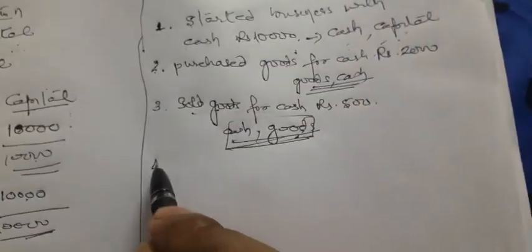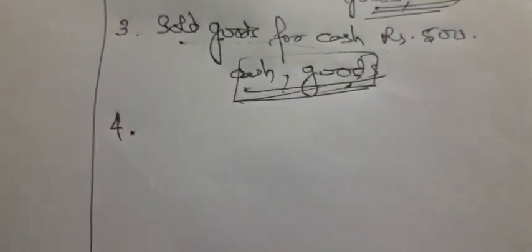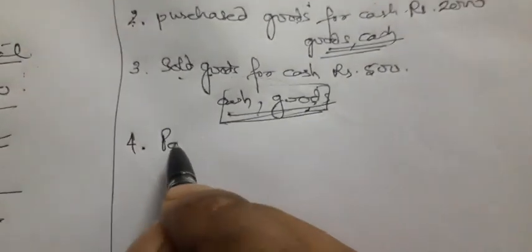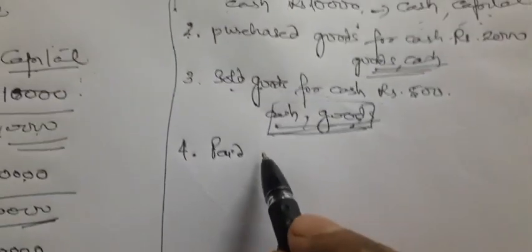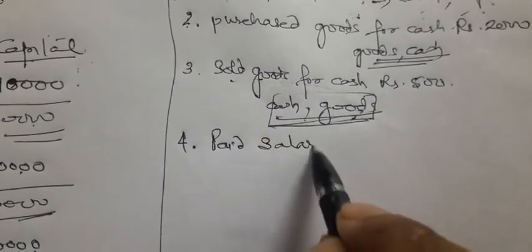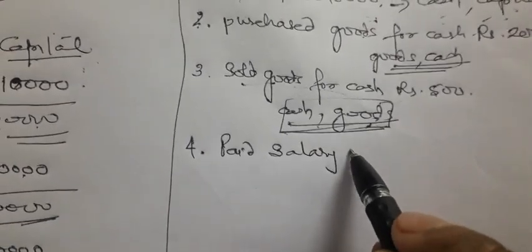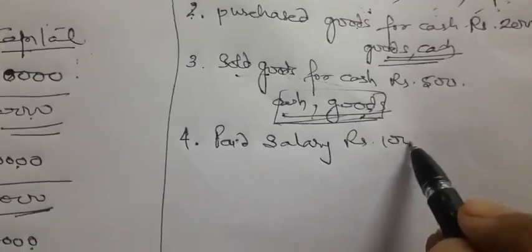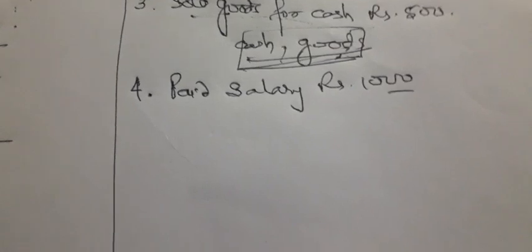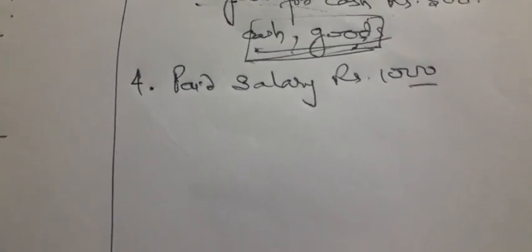We can take another example. The businessman paid salary of rupees 1,000. Now, the two aspects.